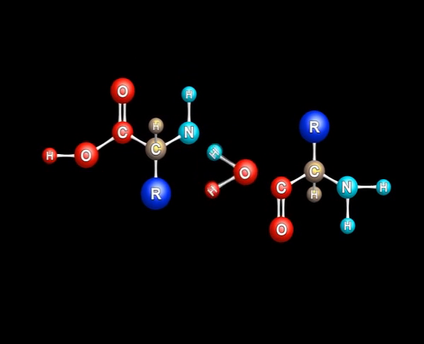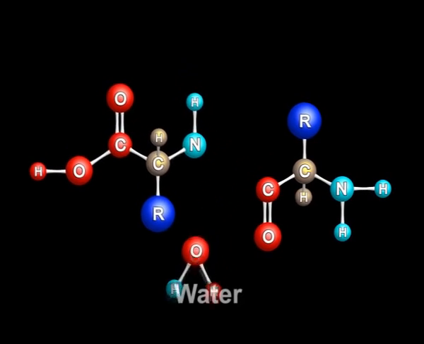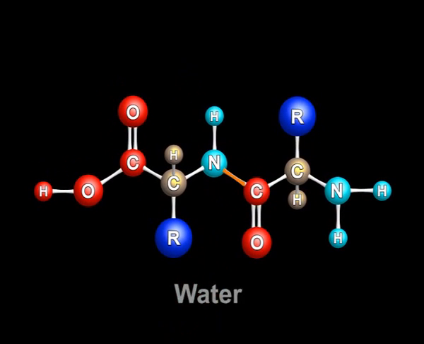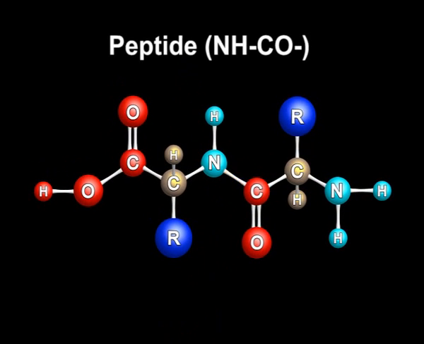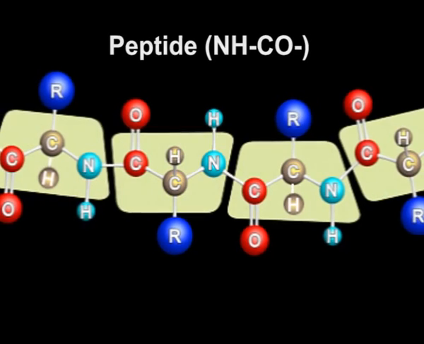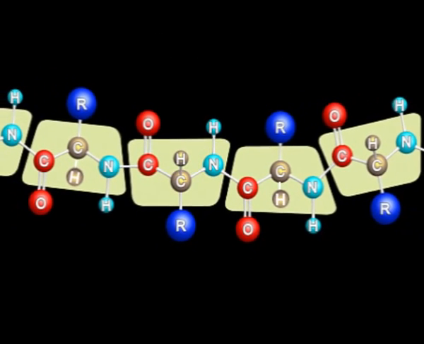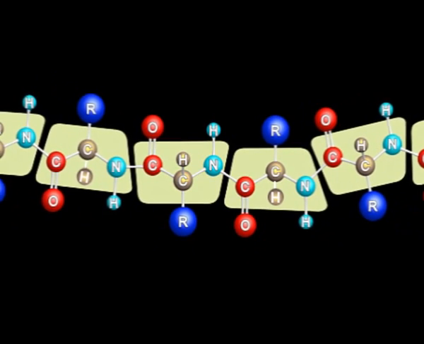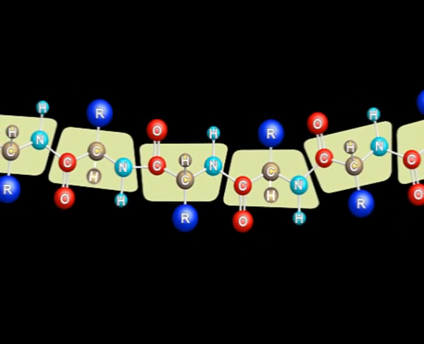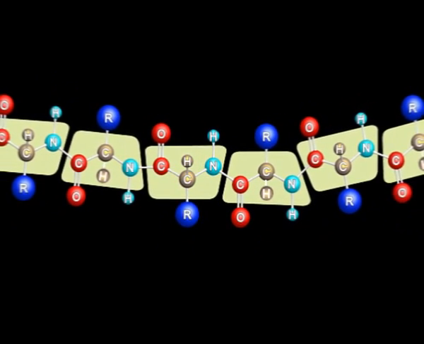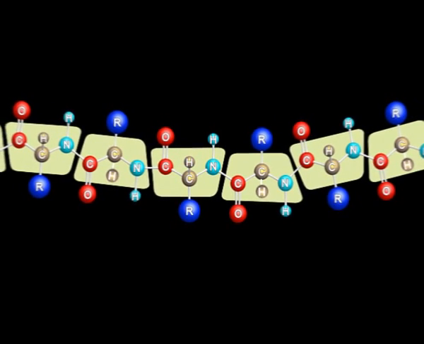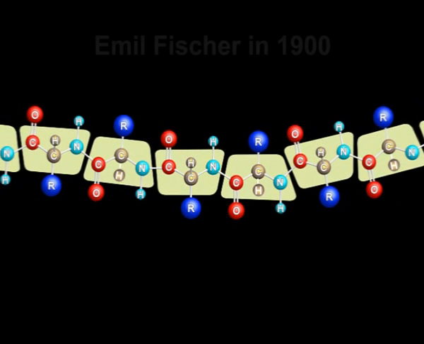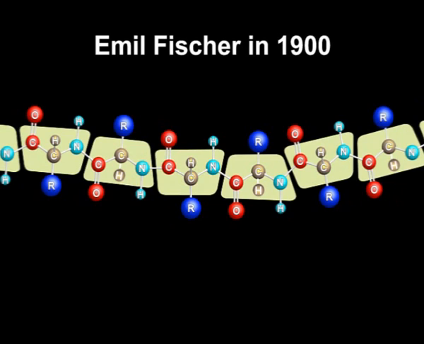In this whole process, a molecule of water is eliminated and a peptide NHCO bond is formed. I think it is now clear that proteins are polymers of amino acids. The structure of proteins was first described by German chemist Emil Fischer in 1900.